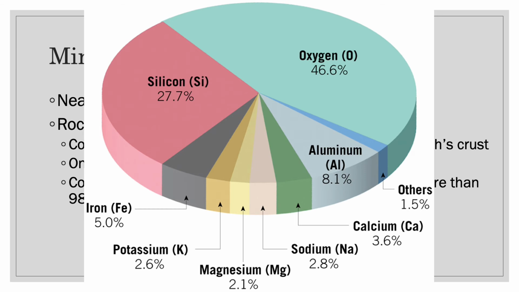Other common elements in the Earth's crust include iron, potassium, magnesium, sodium, calcium, aluminum, and others. I guess it's important to note that aluminum is actually the 3rd most common element in the crust, and iron is the 4th.